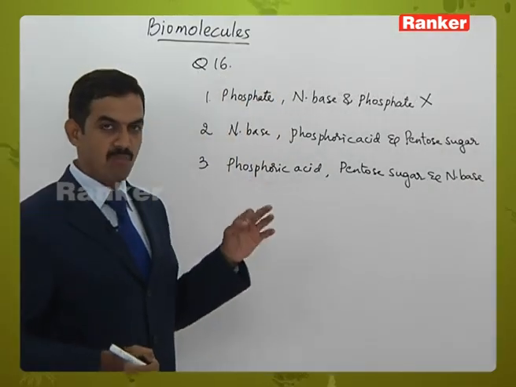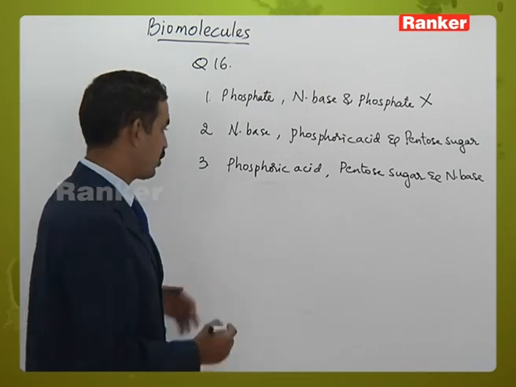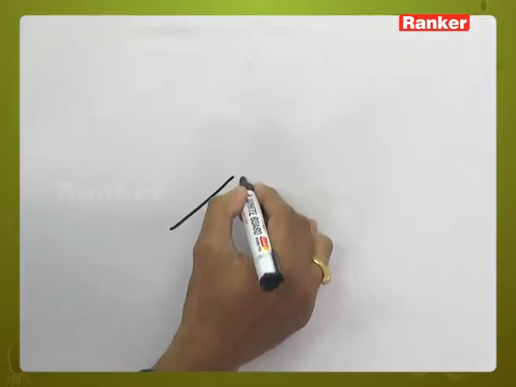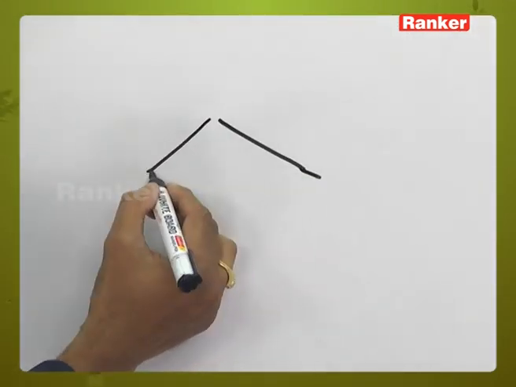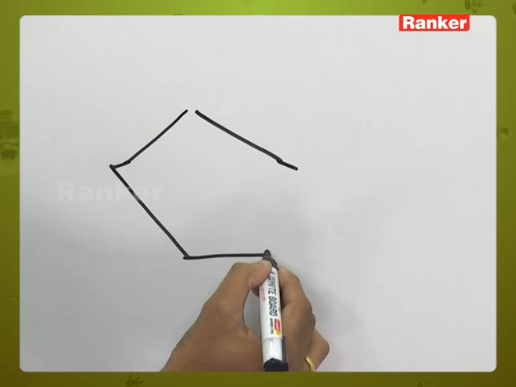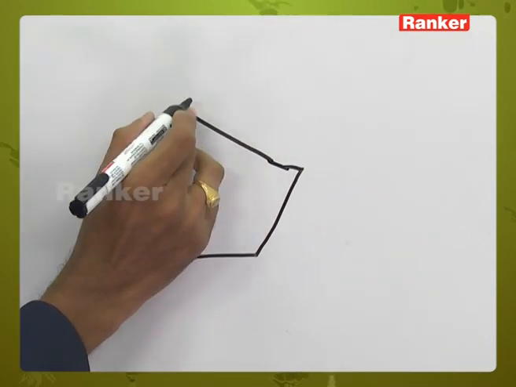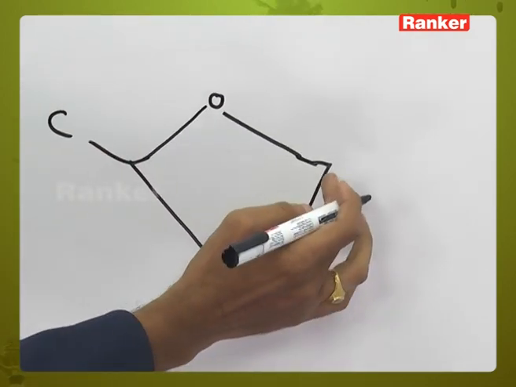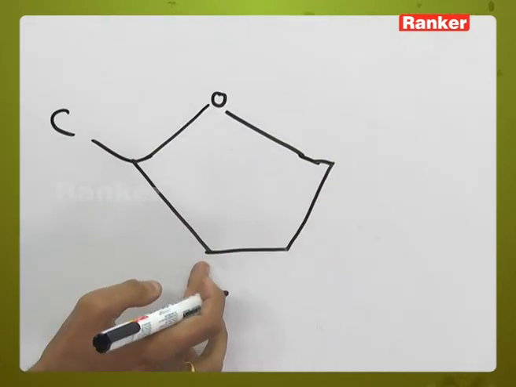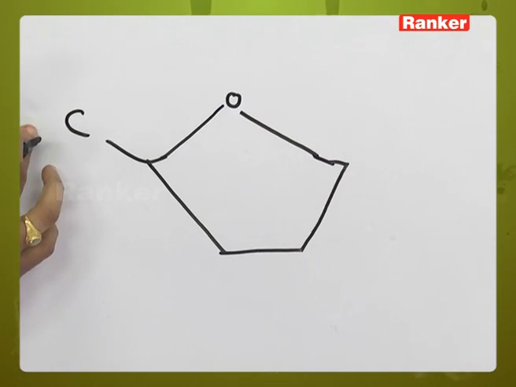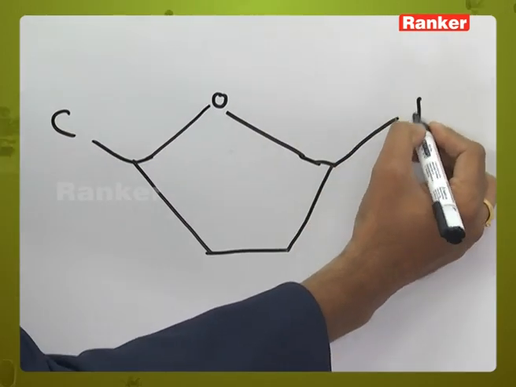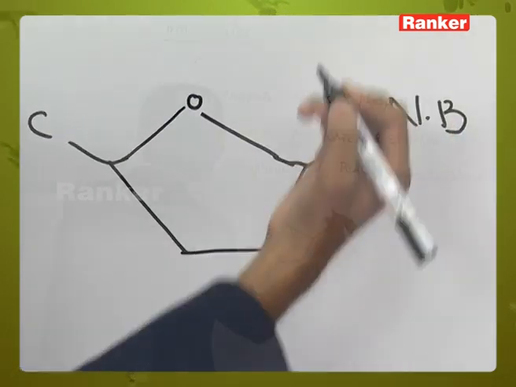Okay, in a nucleotide molecule, if you see the organization, this is a pentose sugar, so 5 carbons are there: first carbon, second carbon, third carbon, fourth carbon and the fifth carbon, and the first carbon is bound to the nitrogen base.